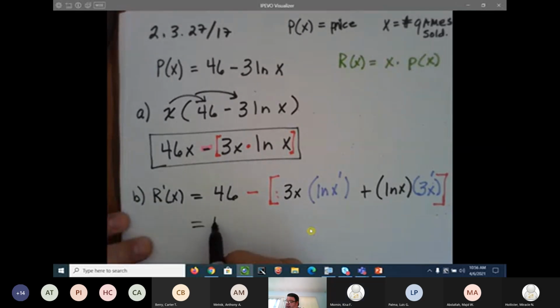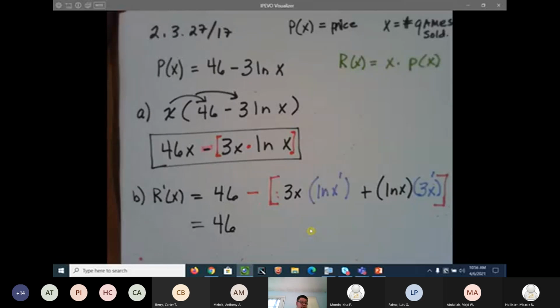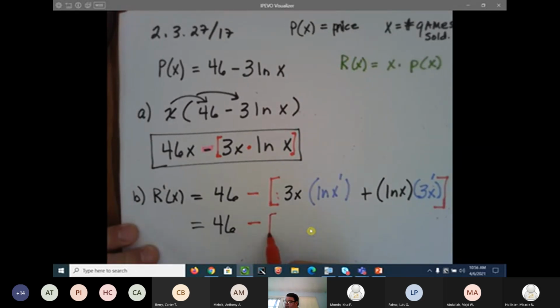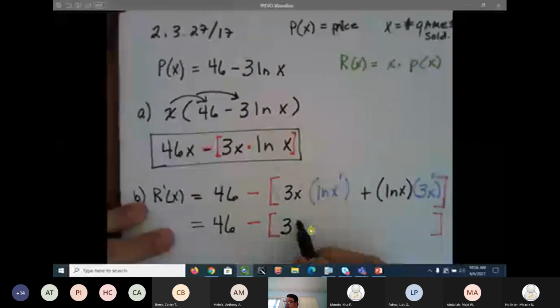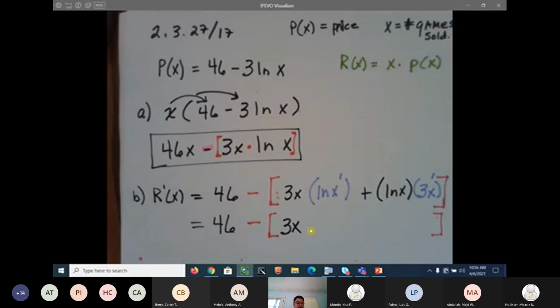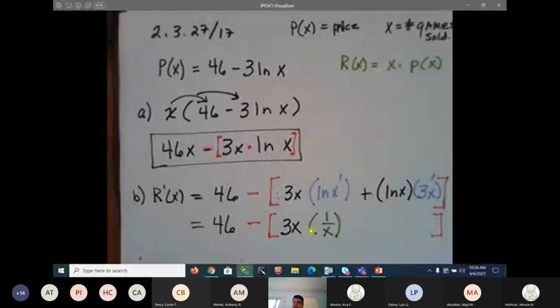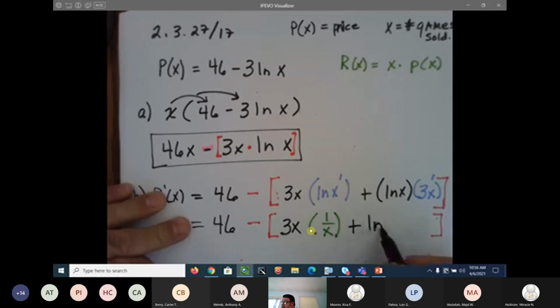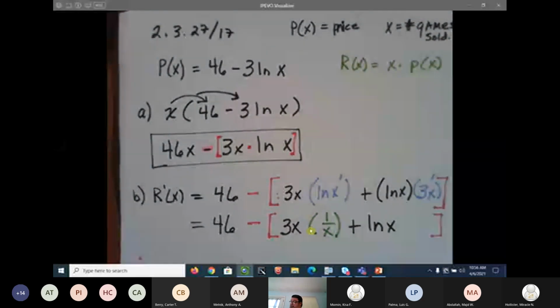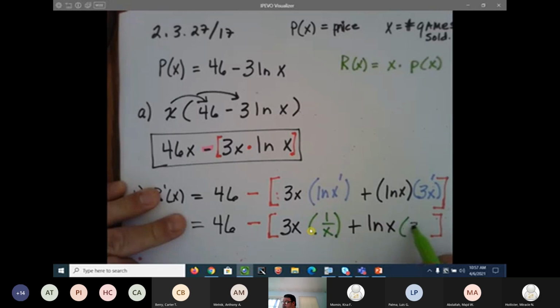And that's going to give us 46 minus 3x times 1 over x, plus natural log of x times 3.